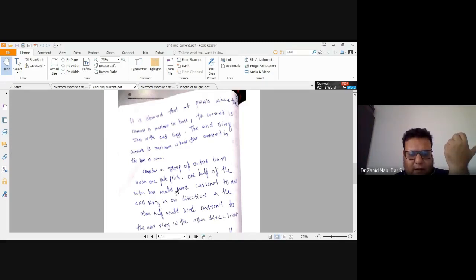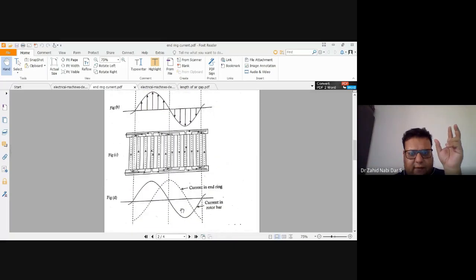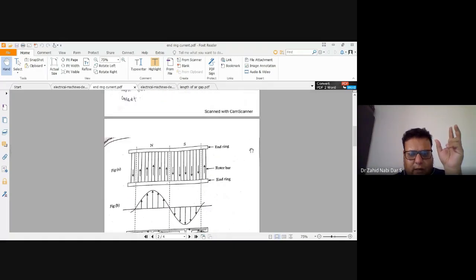One half of the rotor bars would send current to an end ring in one direction, and the other half would send current to the end ring in the other direction. Because you have two end rings, end ring 1 and end ring 2, one half is sending the current in one direction. You can see the arrow is in one direction.